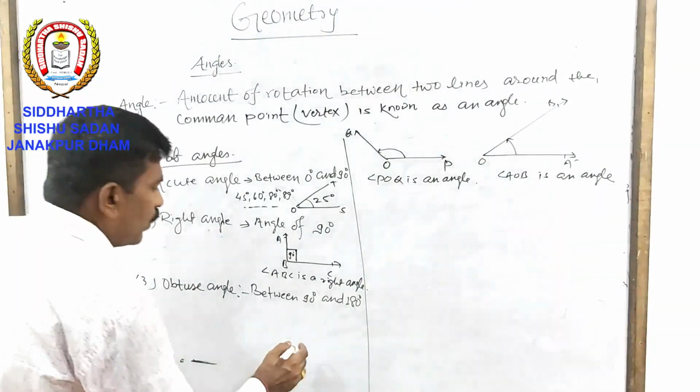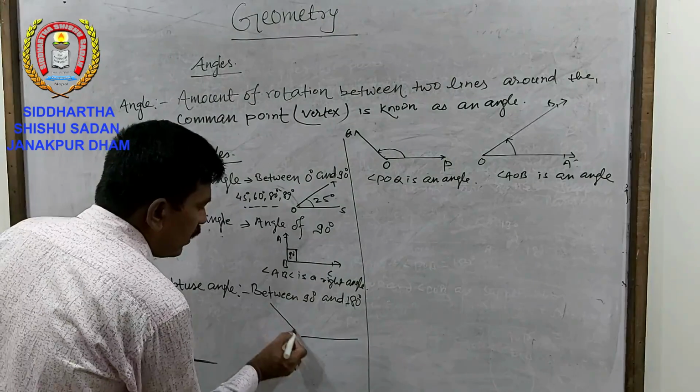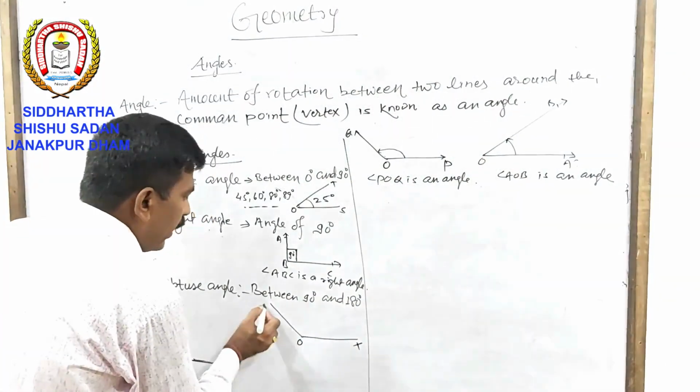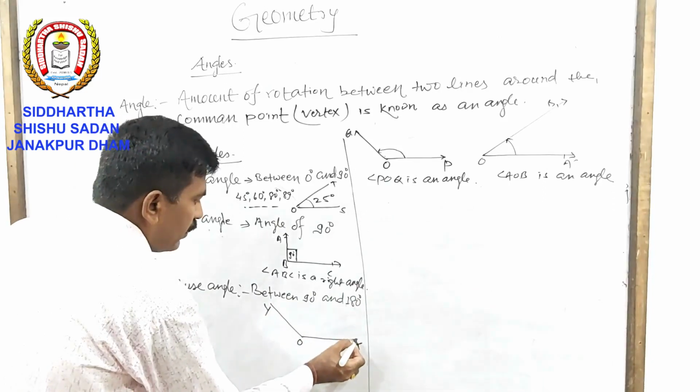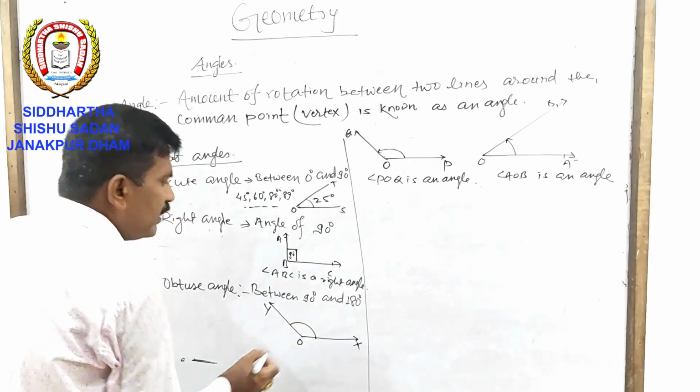Now, so many examples we can take. Now here O, X and Y. Now see, this is the angle.